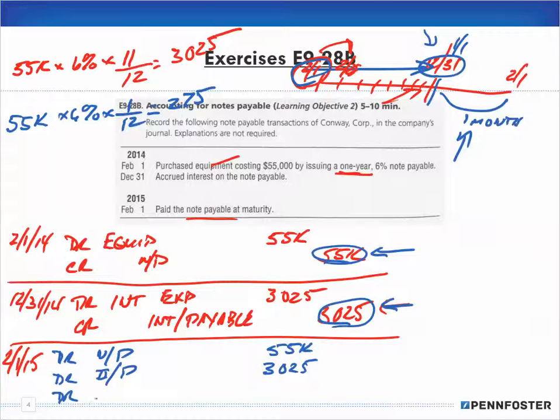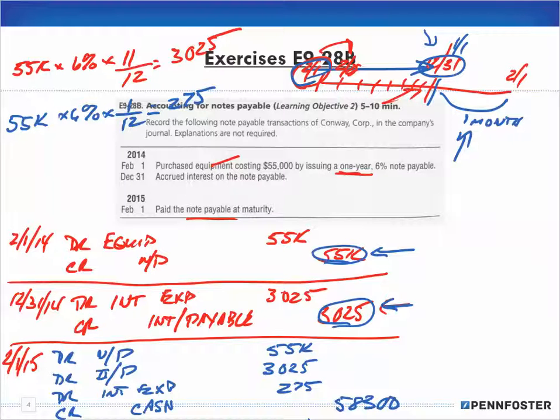So I'm going to debit my interest expense for $275. And then of course I'm going to credit my cash because I'm paying it out. Debits have to equal credits, so whatever they add up to, which ends up being 58,300, is how much cash I'm going to pay out.